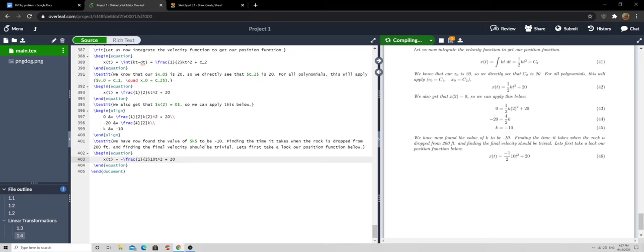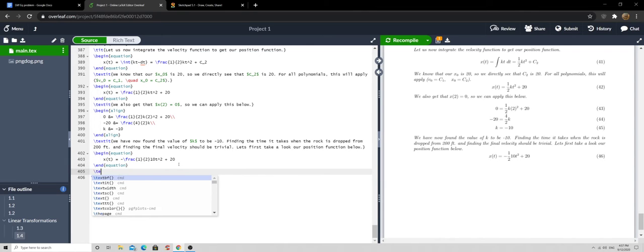Just making the formatting look nice, as nice as I can.